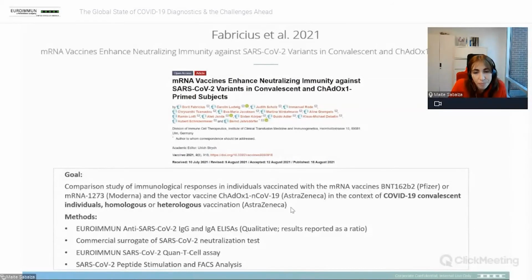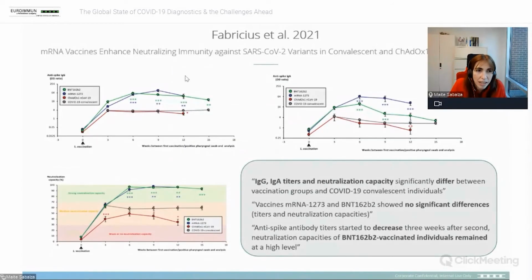Okay. So here we can see the results for the IgG detection, IgA detection, and the neutralization capacity. In each graph, we have 4 curves. In green, we have the response to the Pfizer vaccine. In blue, the response to the Moderna vaccine. In red, the response to the AstraZeneca vaccine. And in gray, we have the response to SARS-CoV-2 infection without vaccine.